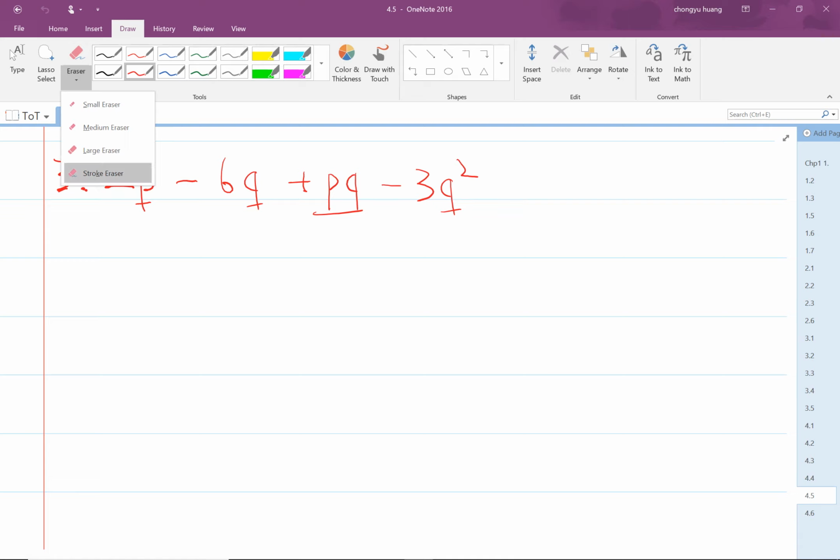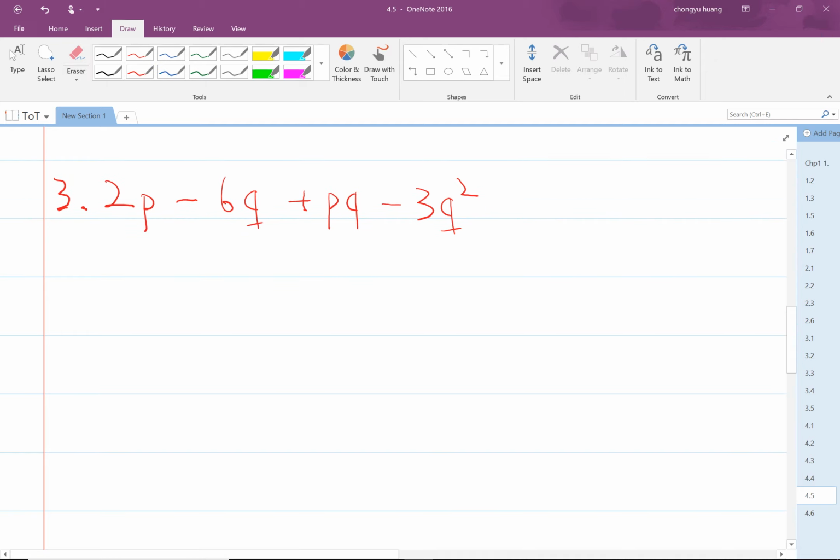Now if you remember, we need to pick the right terms. The way you solve this problem is by picking the right terms. So we're going to pick 2p and positive pq over here.